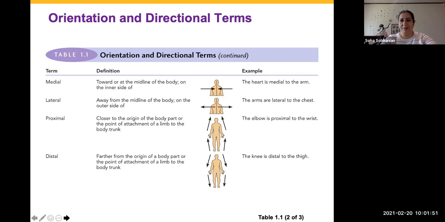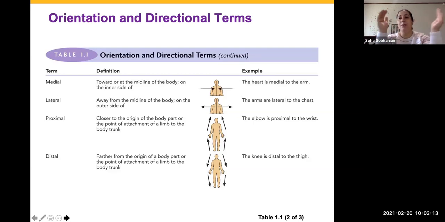Got it, awesome. So anytime you hear the word proximal, it means closer. If you're talking about distal, it means it's farther away from that. So let's say here is my heart, and you have blood vessels that are immediately next to your heart.